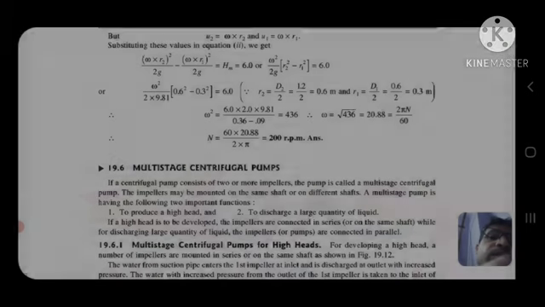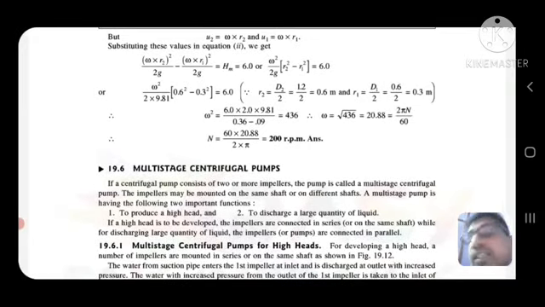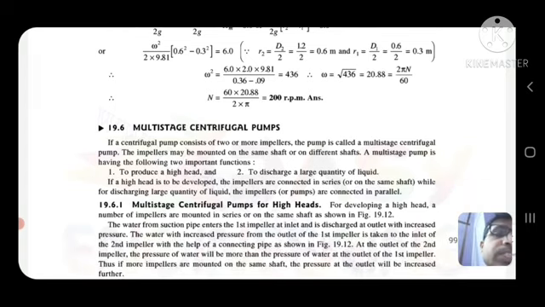So omega square divided by 2 into 9.81, 0.6 square minus 0.3 square equal to 6. R2 is equal to D2 by 2, R1 is equal to D1 by 2, 0.6 by 2. Omega square is equal to 6 into 2 into 9.81 by 0.36 minus 0.09.